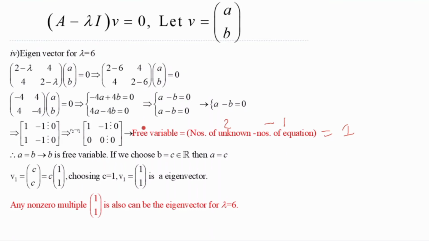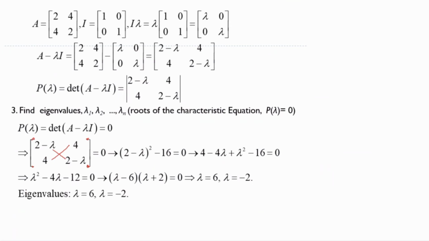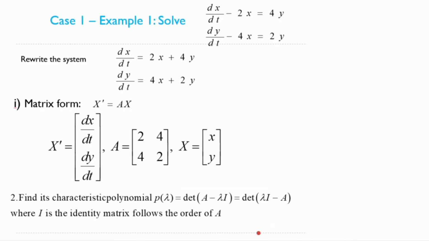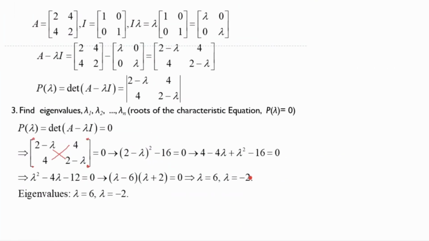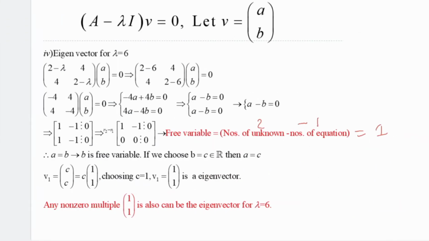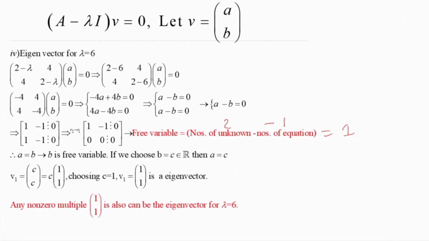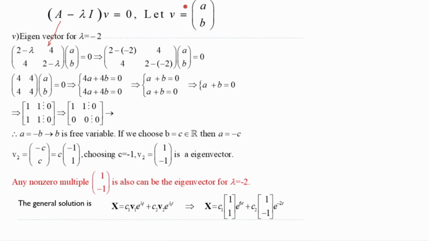So now we already have the eigenvector for lambda equal to 6. Now we will find another eigenvector for lambda equals minus 2. We use the same procedure: (A minus lambda I) v is equal to 0. Here v is an arbitrary vector.